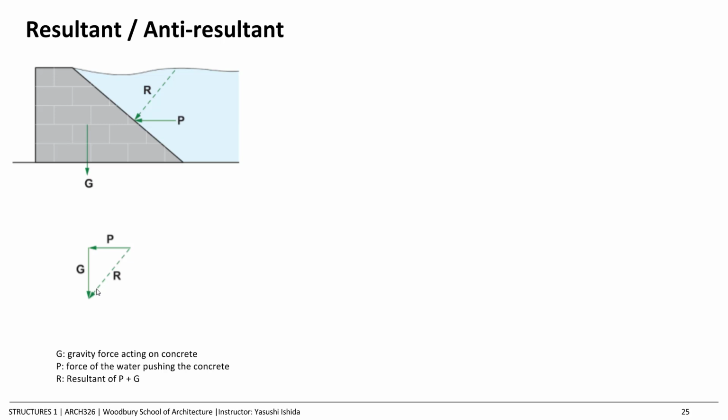So what does that mean, right? The first question is, are these all of the forces present here? Probably not, right? Because if these were all the forces present, this concrete would move diagonally along the line of action of resultant force R, and that's not happening.